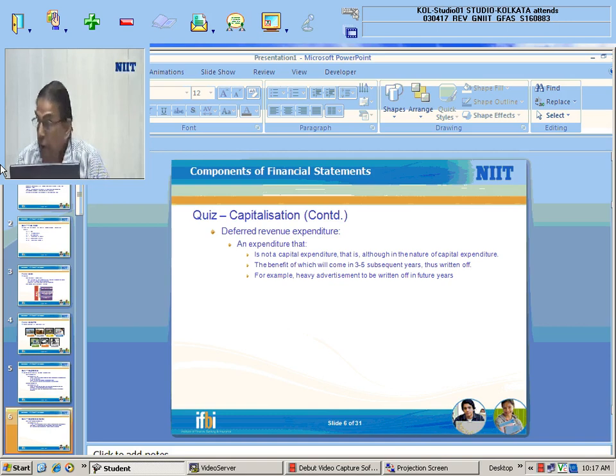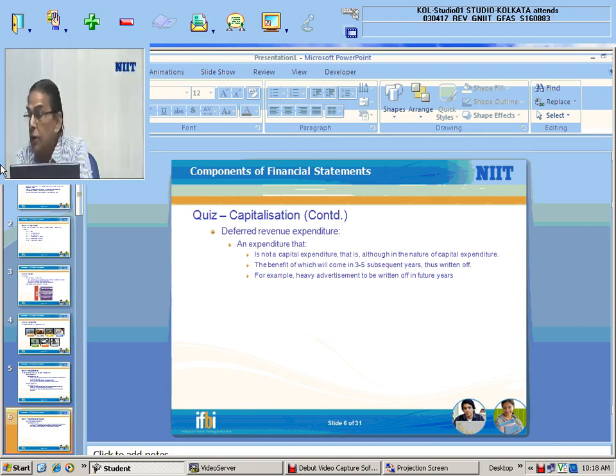So deferred revenue expenditure is basically the expenditure which is incurred but whose benefit will last for more than one accounting period. Like somebody just now asked the question, insurance premium.